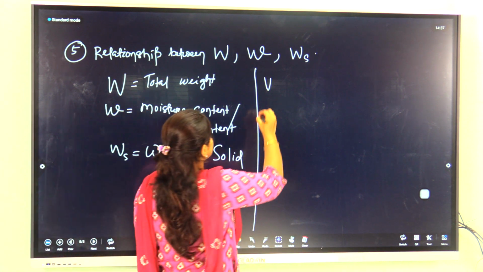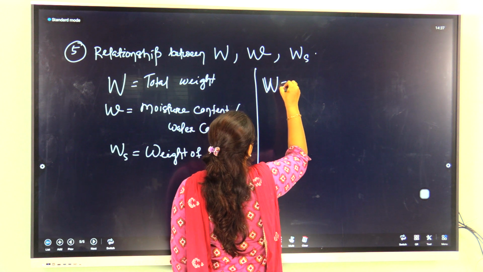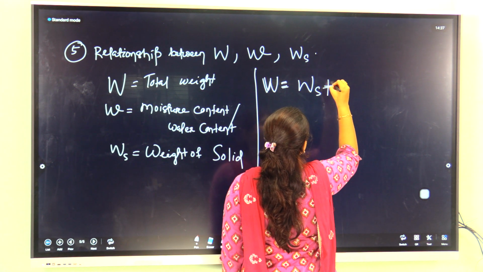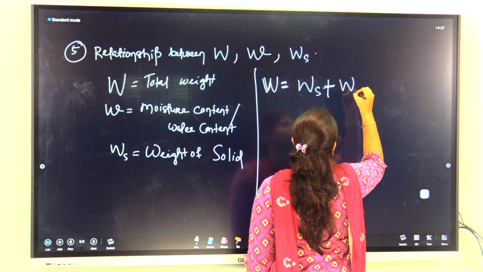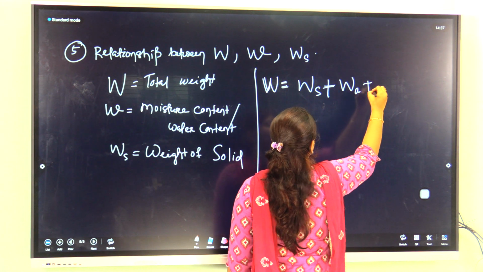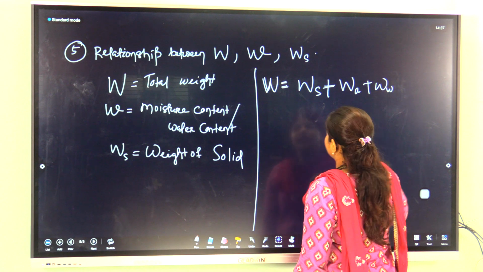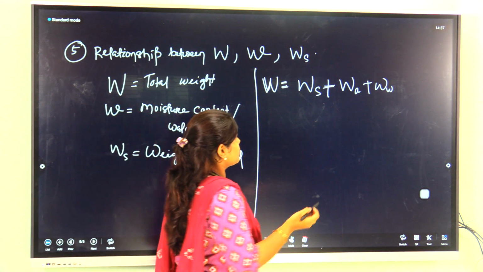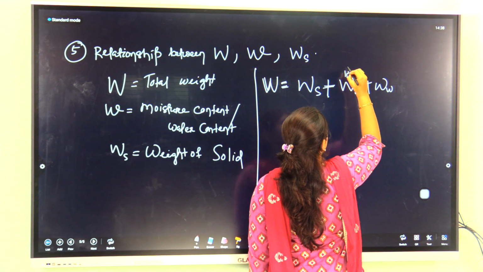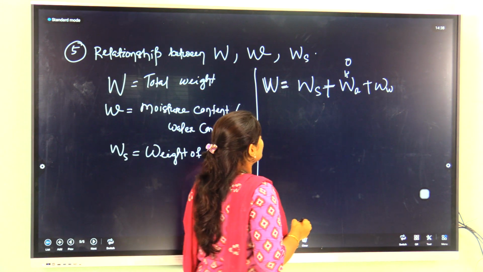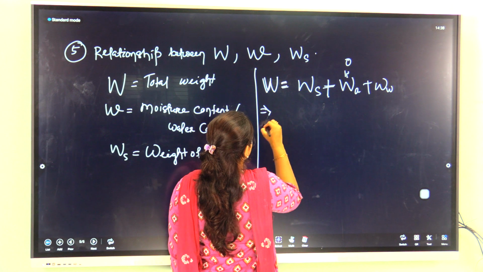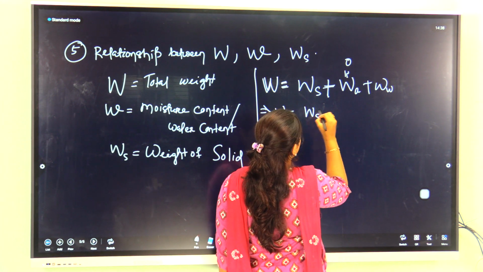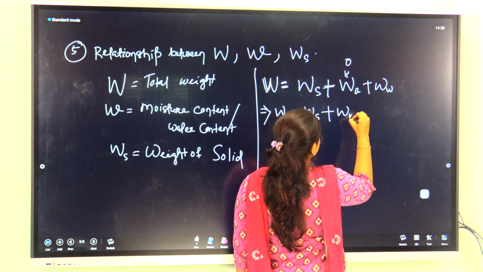In the same way we can write total weight equals Ws plus weight of air and weight of water. But we know that weight of air is how much? 0. So, total weight will become Ws plus Ww.